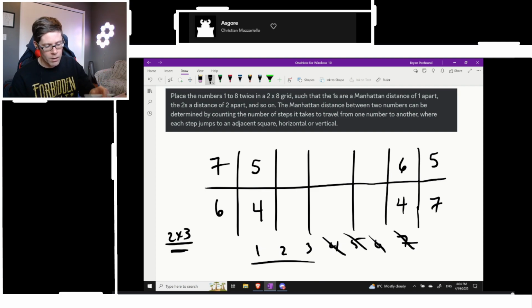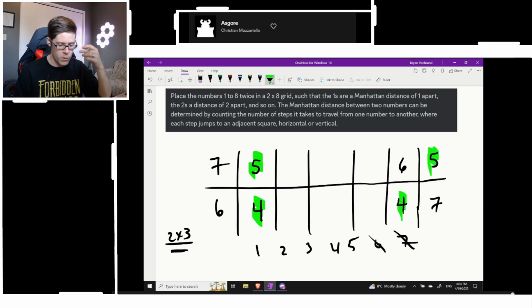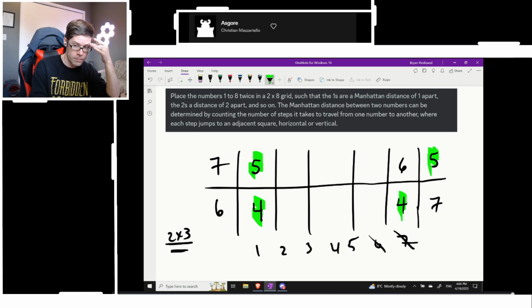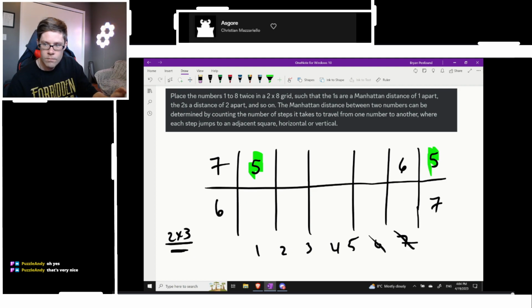So I know, for example, I can't put my 5s and 4s this way, right? It's just not going to work because I know I can't fill in this 2 by 3 subgrid with 1s, 2s, and 3s. So that's interesting. So we might be able to use that to our advantage here.